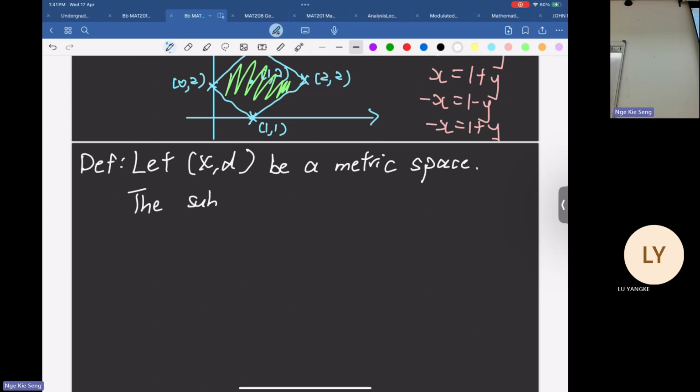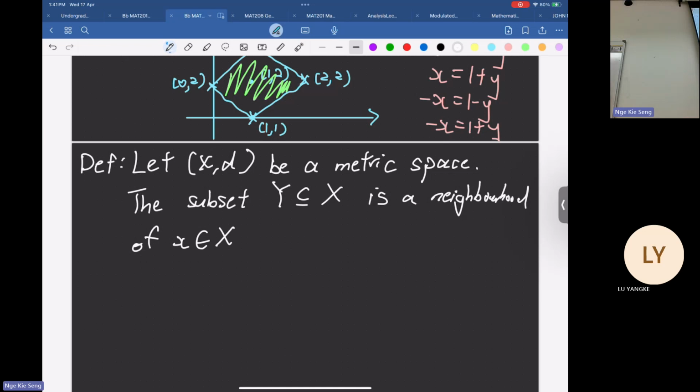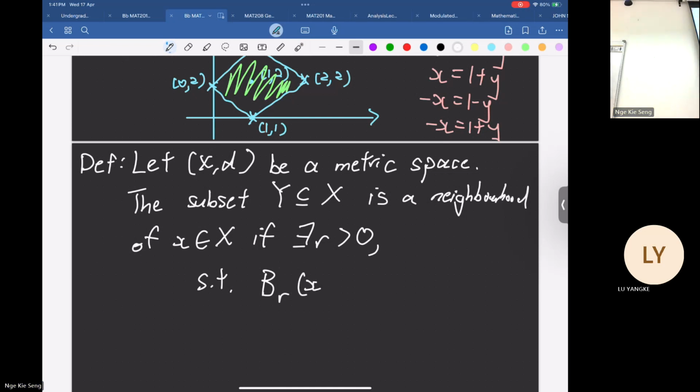A subset Y in X is a neighborhood of an element x if there exists a radius r such that the ball of radius r around x lies inside Y.